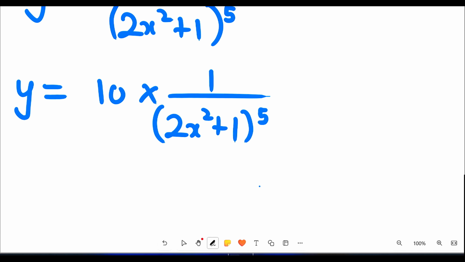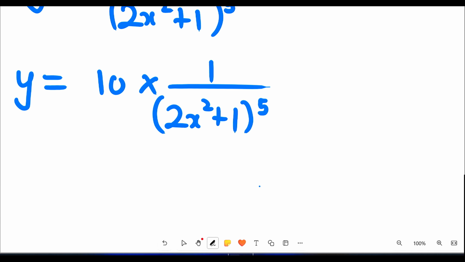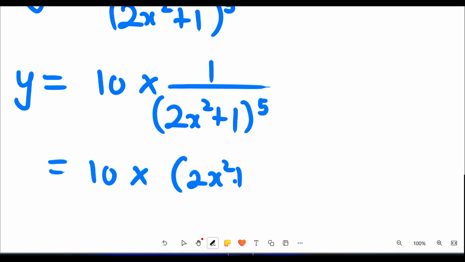All right. So I want to rewrite it in such a way that I'm not going to get a fraction again. So this becomes 10 times (2x squared plus 1) in bracket. Now, interchanging the position of the numerator and that of the denominator, we are going to get that power becomes negative.